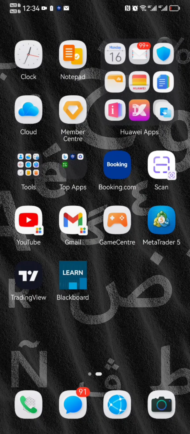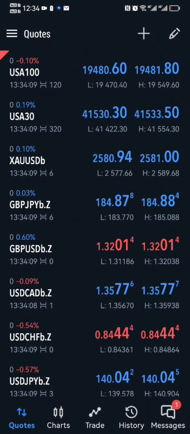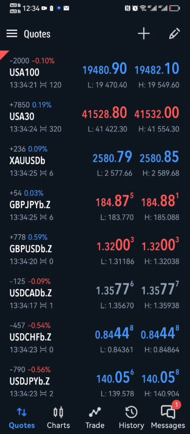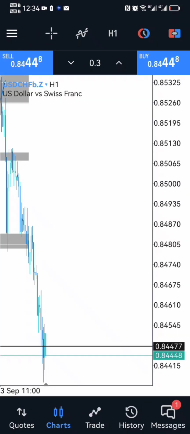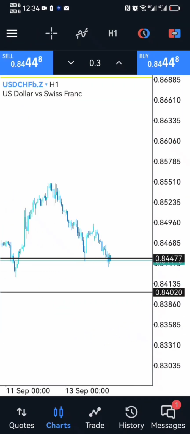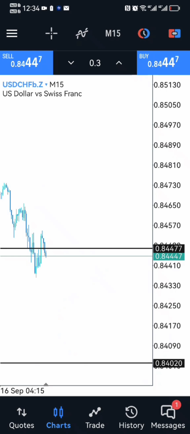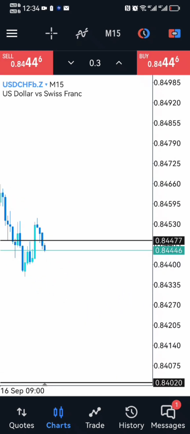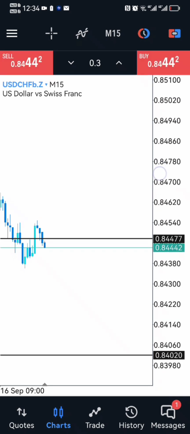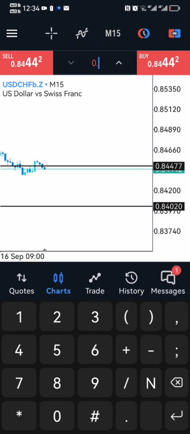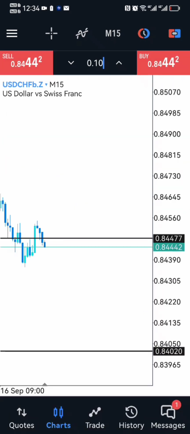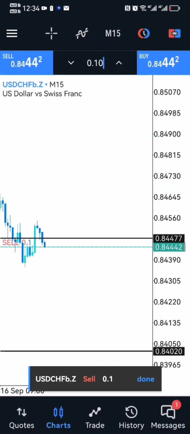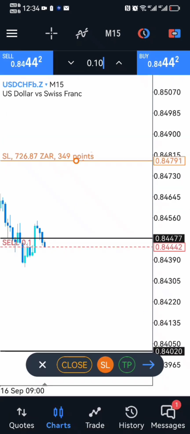Okay, all right guys, welcome back again. I just saw an opportunity right now, and I'm about to take a position on USDCHF. Let me quickly take the position first, and then I'll let you guys know why I'm taking it. I'm going to go with 0.10, and I'm going with sell before I miss this position.